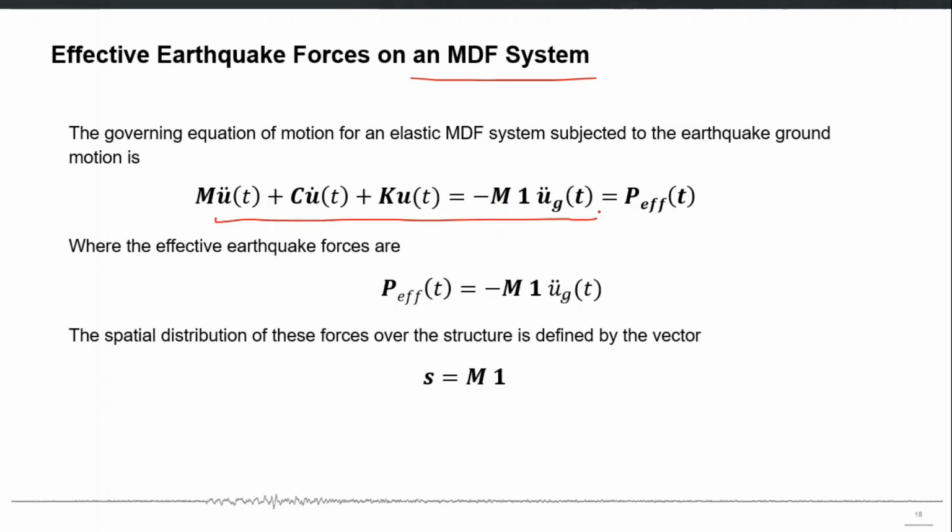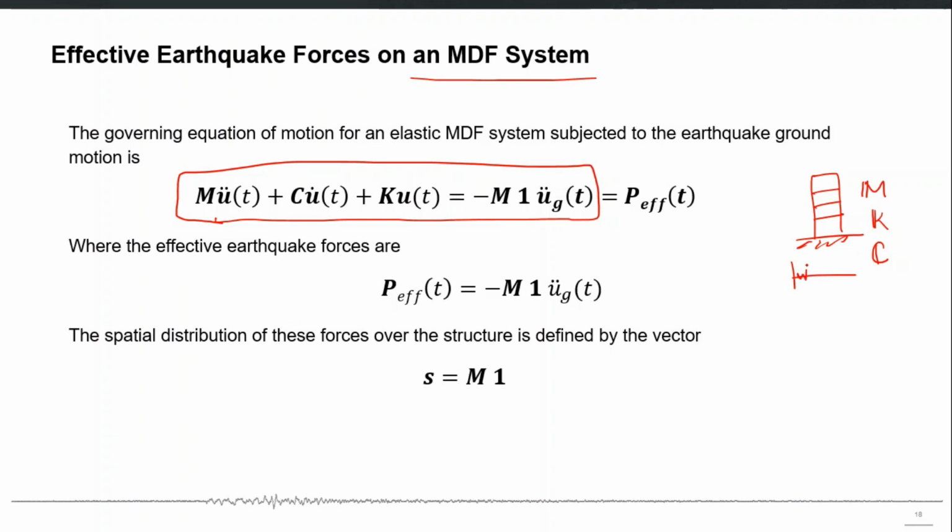The idea is that we start with the governing equation of motion for multiple degree of freedom system. This is the equation for a multiple degree of freedom system subjected to a ground shaking. So we have a structure which has a mass matrix, a K matrix and a C matrix: mass, stiffness and damping matrices. It is subjected to a ground shaking which is represented by UG dot dot, a function of time.